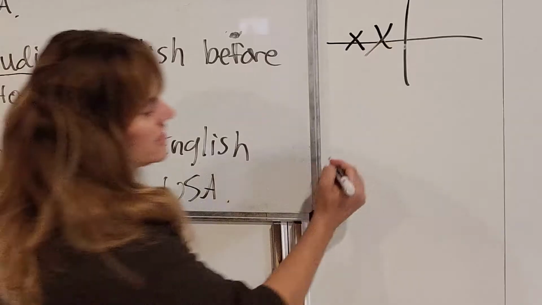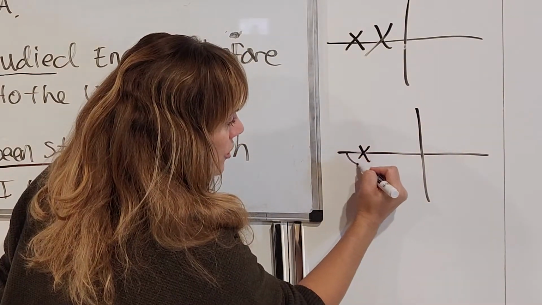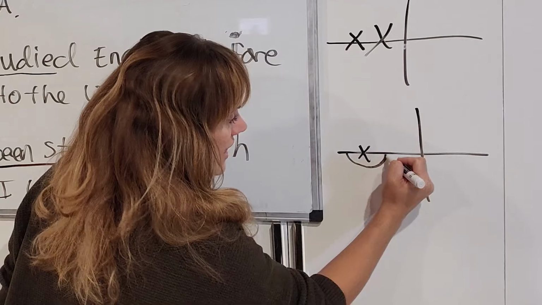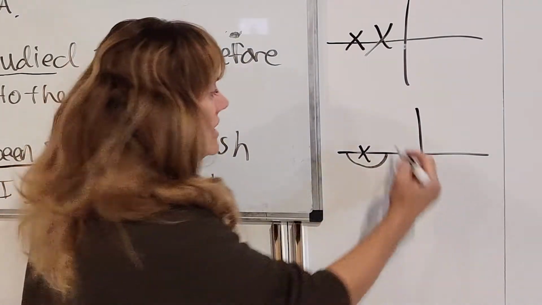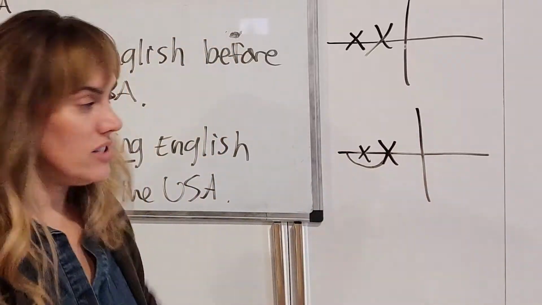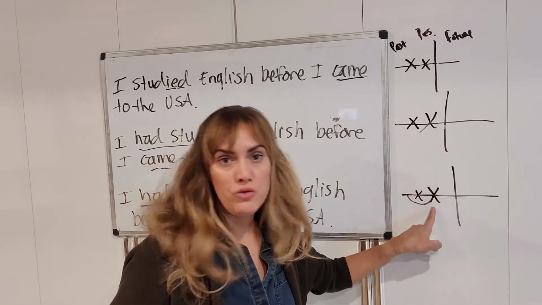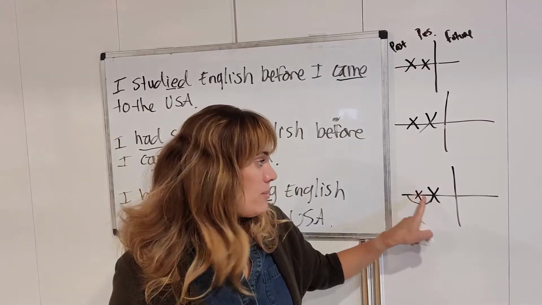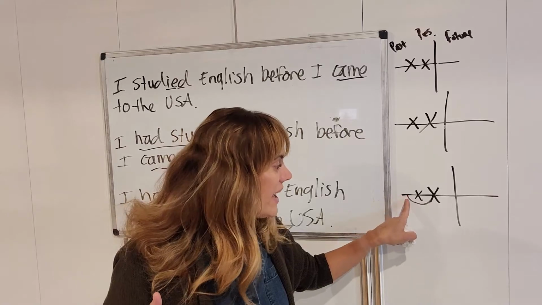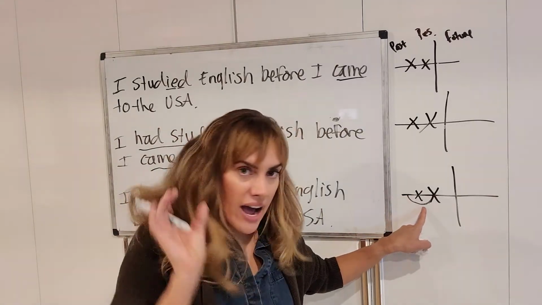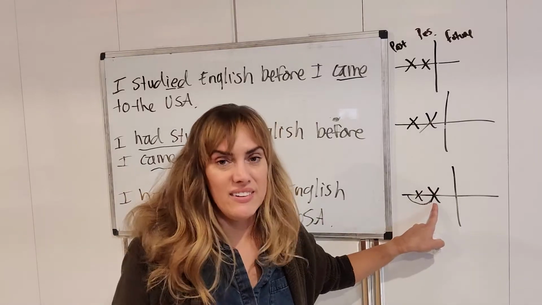Here, we are saying something was in progress and maybe finished or maybe got interrupted by something else. I had been studying English before I moved to the United States, and maybe I continued after that, but what matters is that I had been studying. I was doing that thing before this thing happened.